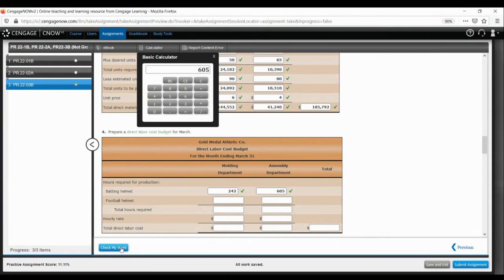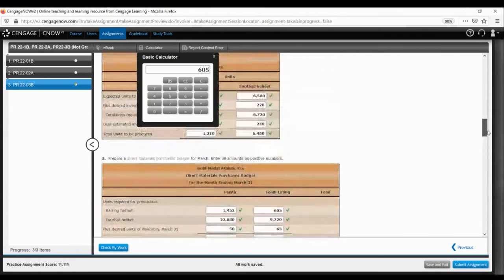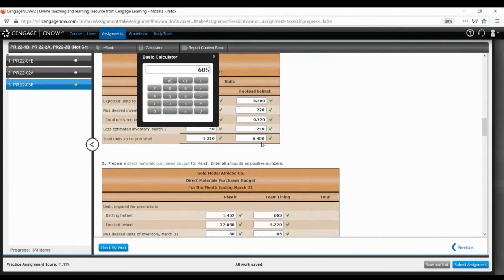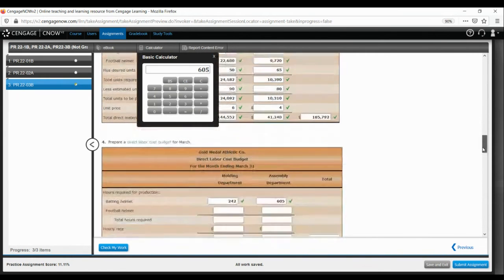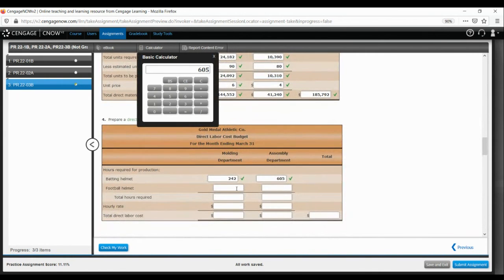The football helmets were 6480 that you produced. We're going to look for the time it takes to produce one football helmet in the molding department.